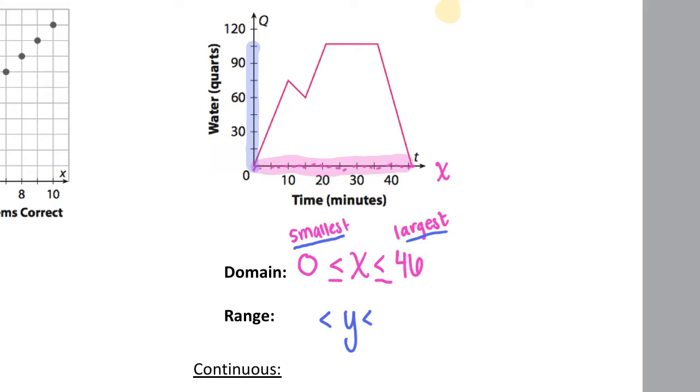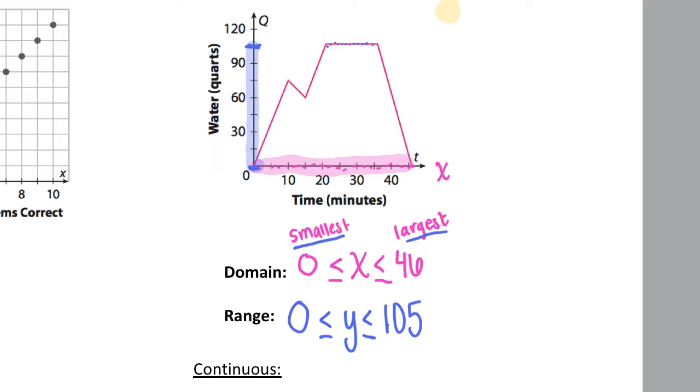So our smallest y value that the graph takes on, you should recognize this point on the y-axis as 0. It includes it, so we put a line underneath, and then it travels all the way up to this top point, right in between 90 and 120, which is 105. Put a line underneath that as well, because all of these points right here that reach 105 are solid points.